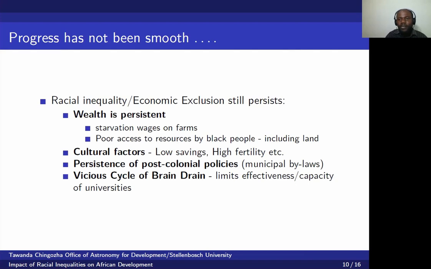So I also see this persistence of post-colonial policies, as I've been saying, and also this vicious cycle of brain drain, as I'll be explaining in the next slides.